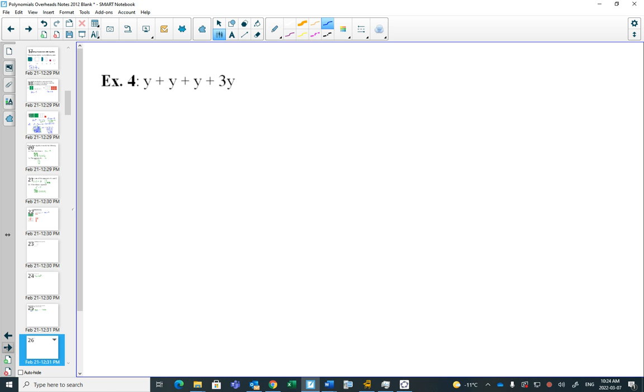Are any of these like terms? They are all like terms. Y plus Y plus Y plus 3 Ys. How many Ys would you have? I have 1 Y plus another Y plus another Y plus another 3 Ys.